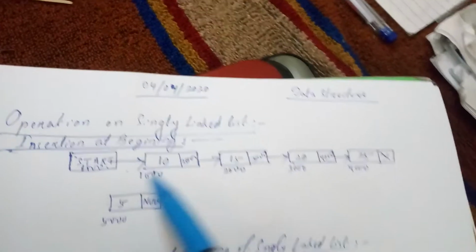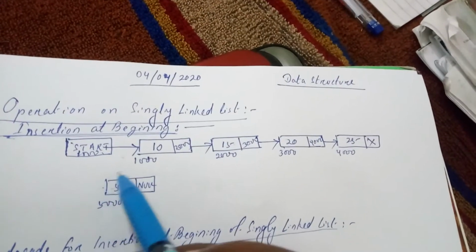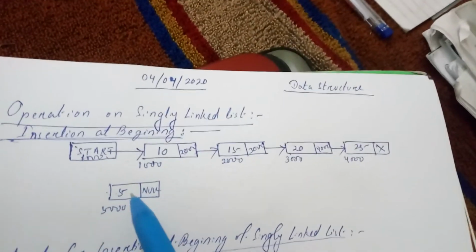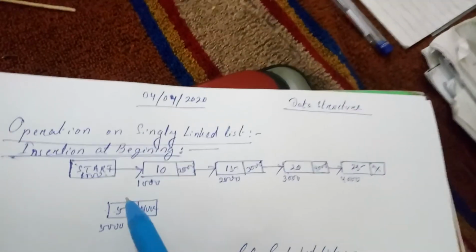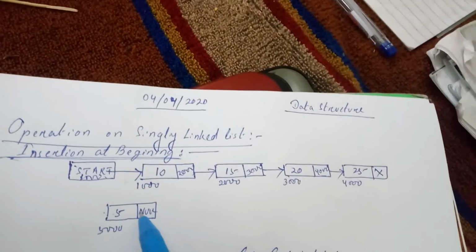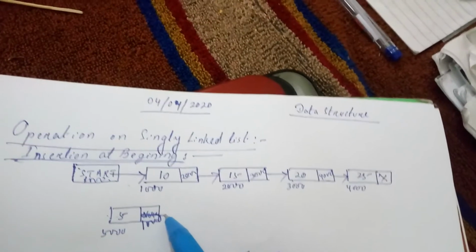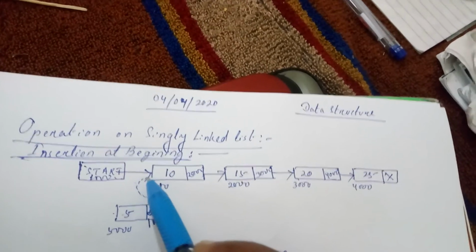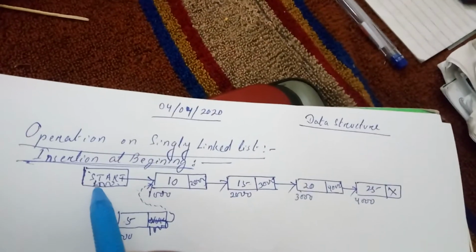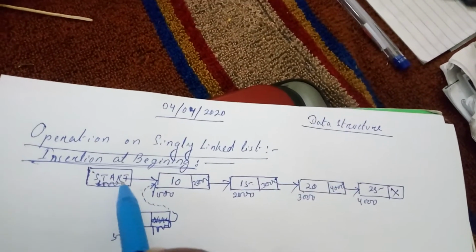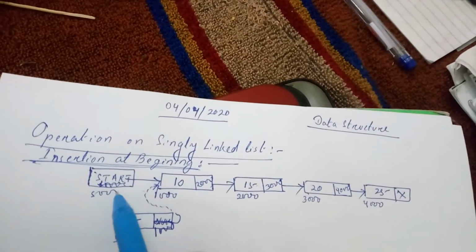When you want to insert this node at the beginning, what to do? You have to keep here the value 1000 because it needs to point to this node, and then instead of 1000 the start pointer should contain 5000.